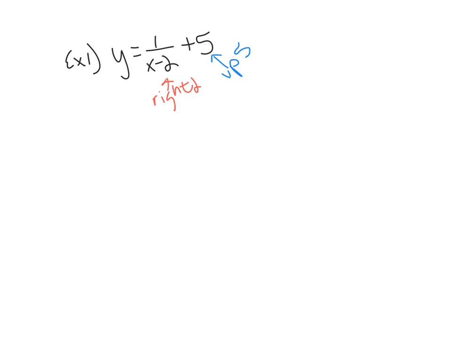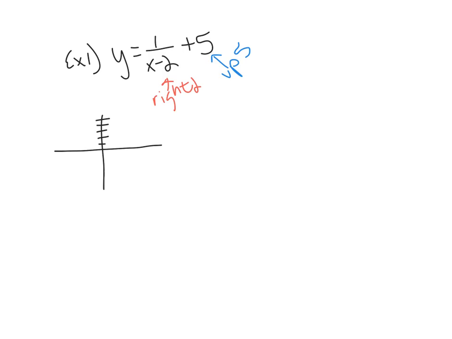So let's draw a quick sketch of the graph. And again, we don't need a calculator. We're going to utilize our transformation rules. So typically, I'm centered at the origin 0, 0, right? I have a horizontal asymptote at 0. Well, my asymptote is no longer at 0 because I'm moving up 5.